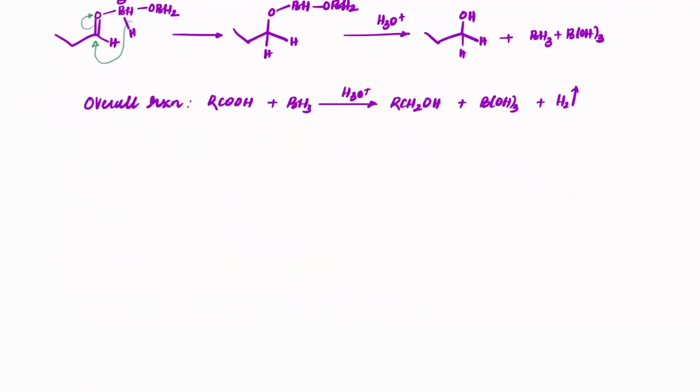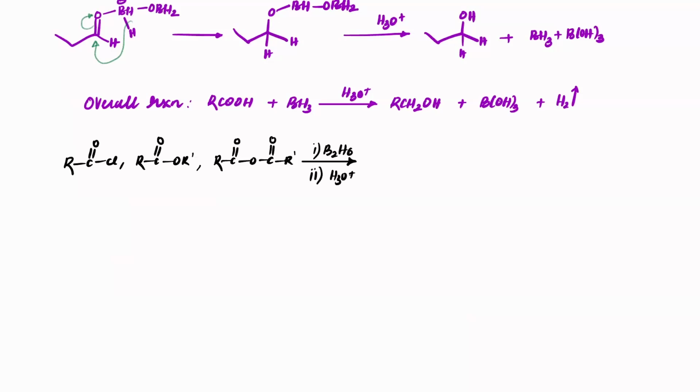See, acid chlorides, esters or anhydrides, RC double bond O, OC double bond O, R dash. These, when you react with B2H6 and hydrolysis, will not make any BH3 reaction.